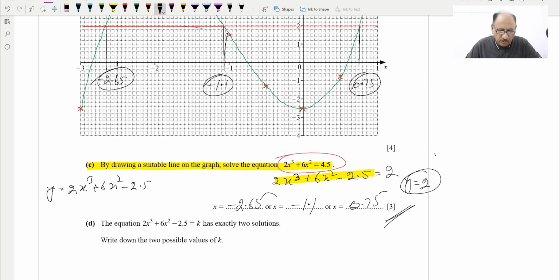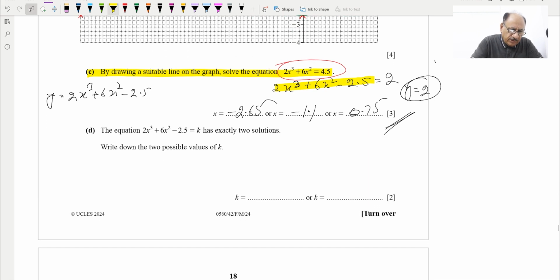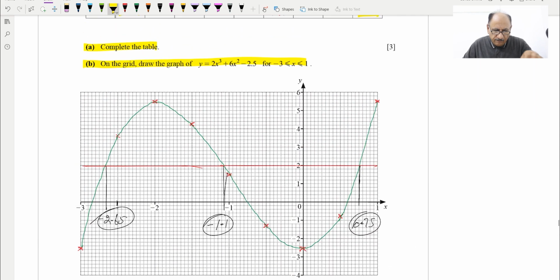Hopefully you understand this. Now for D part, this is the equation. This has exactly two solutions. Write down two possible values of k. So what can those possible values of k be? One value, if we check, can be exactly where the line is touching this graph and going ahead like this.